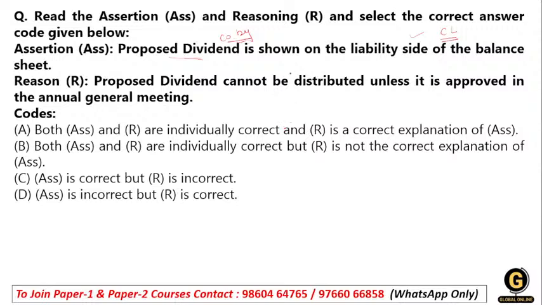Now the reason is given behind it. Yes, the assertion is true. The reason given is that the proposed dividend cannot be distributed unless and until it is approved in the annual general meeting. Yes, both the statements are true, that is, the proposed dividend cannot be distributed until it is accepted and decided in the annual general meeting.